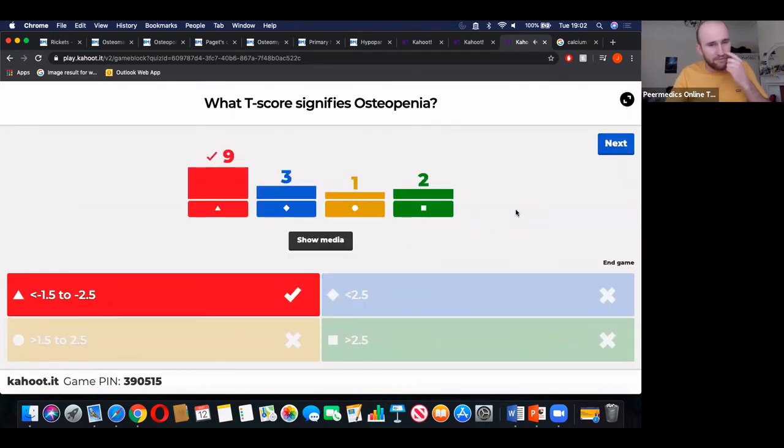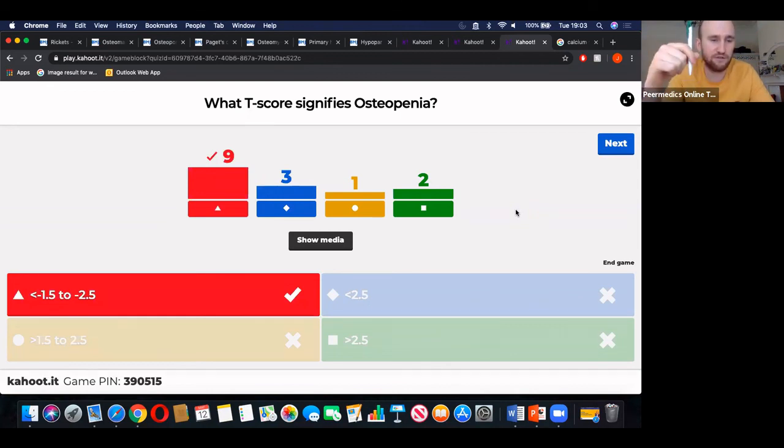Okay. So I see that a lot of you there said, yeah, so basically the right answer is minus 1.5 to 2.5. Just be careful because it's osteopenia, slightly different T-scores. The rest, so it's a minus score as well with DEXA scan. Osteoporosis would have a minus T-score of equal or less than 2.5.